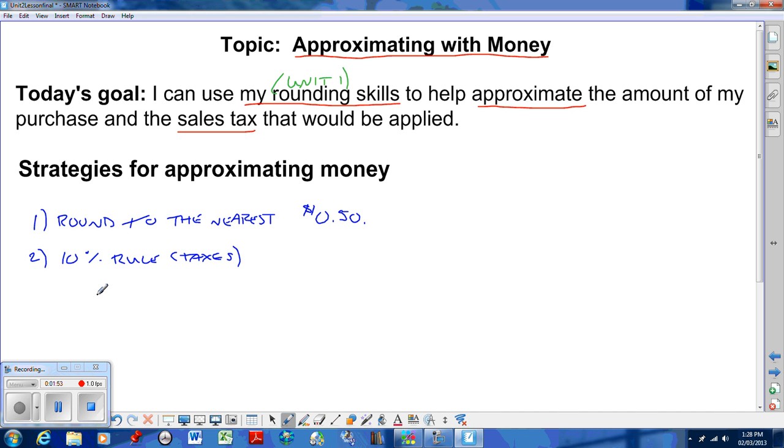Okay, so some examples with the 10% rule. What is 10% of the following? What we're going to do is talk about the shortcut here.